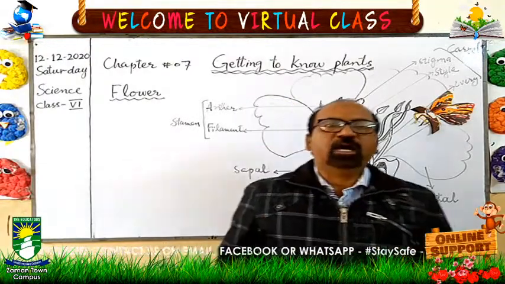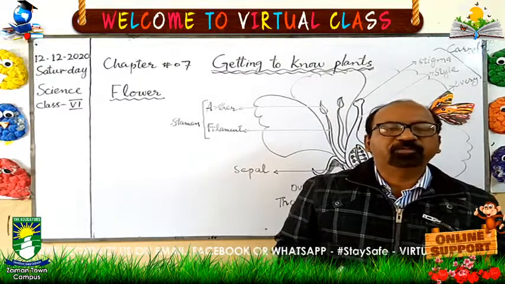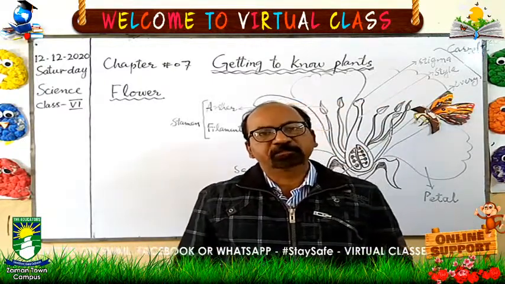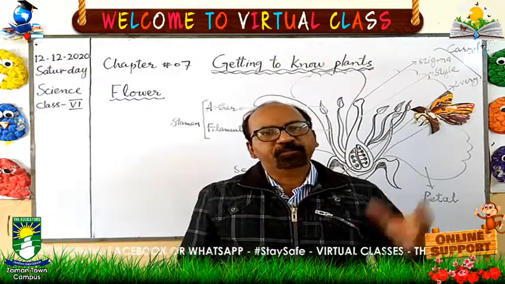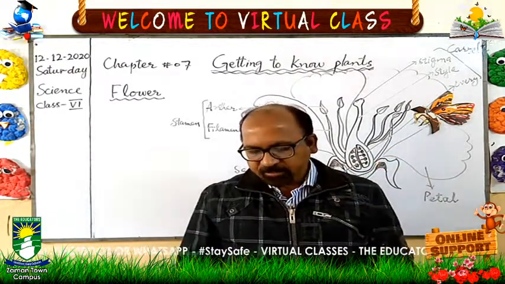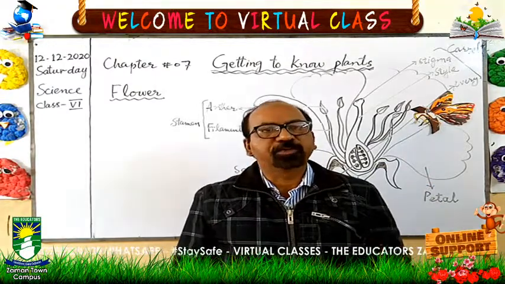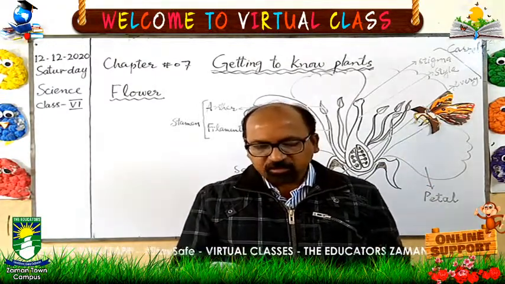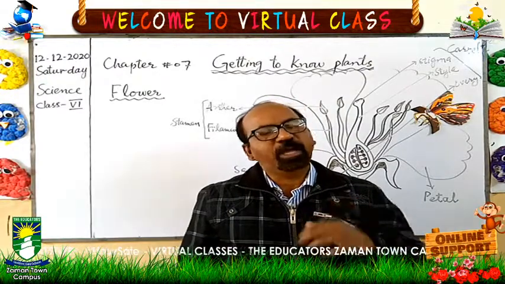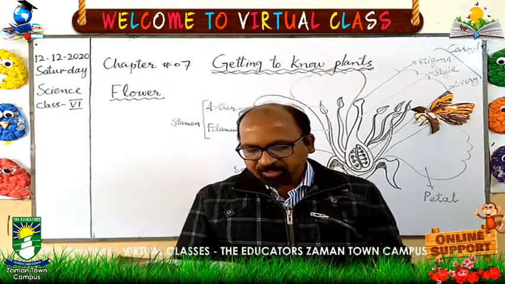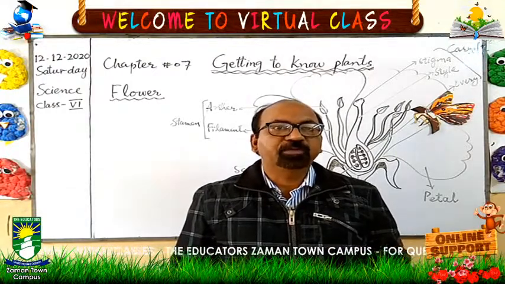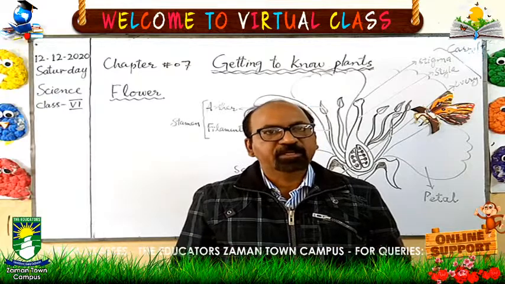Flowers are of different colors, shapes and sizes, and different people like different flowers. You know a lot of names of flowers like lotus, jasmine, rose, sunflower, and a lot of other flowers. Definitely they have a beautiful fragrance as well.